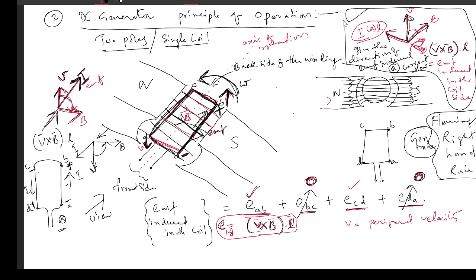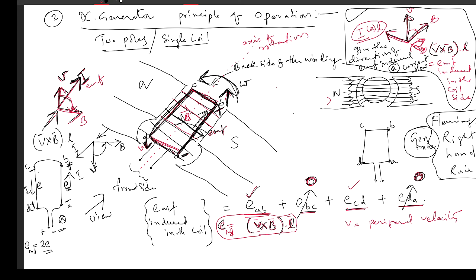If this is assumed to be small e induced in this side, and this is the another small e induced on this side, so the net EMF induced at this coil terminals will be 2 times E. So net induced EMF is equals to 2 times E. Now what is E now? Tell me, what is E?